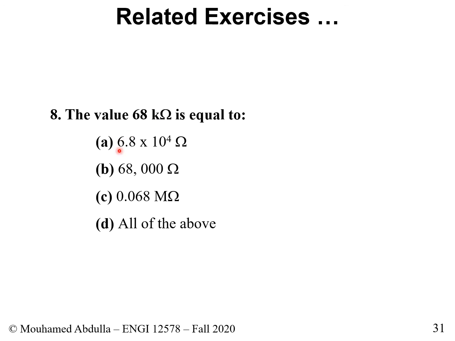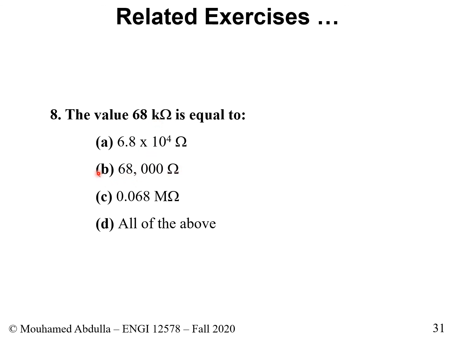Now let's see which of these answers really equals this. 68 is just 68 times k. K is times 10 to the 3. So you could in fact write it in scientific notation, and you'll get 6.8 times 10 to the 4. So A is correct. What about B? K is 1,000, so you could also write it as 68,000 ohms.